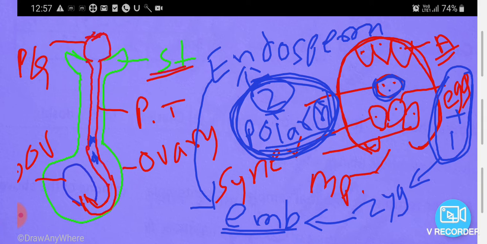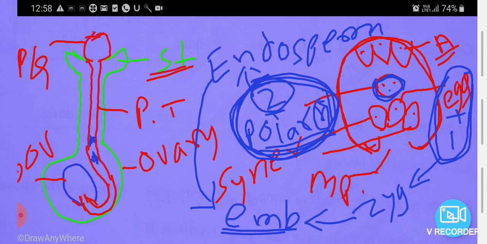So what is the significance of this double fertilization? First, it is a unique feature of angiosperms. Nowhere else, even in animals or any other plants, does such double fertilization take place.